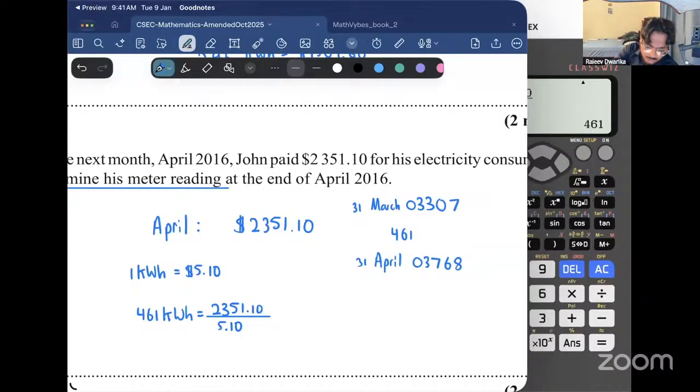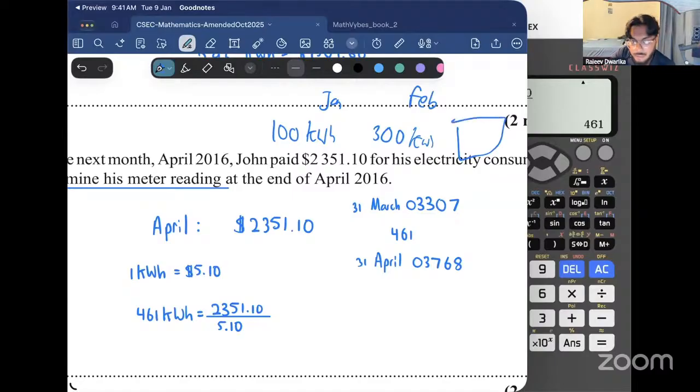Let me just say I use 100 kilowatt hours in January, and 300 kilowatt hours in February. What is your meter going to read? 400 kilowatts. 400. Exactly. And if I wanted to figure out how much energy I used between January and February, how would I do that? You minus the 100 from the 400.